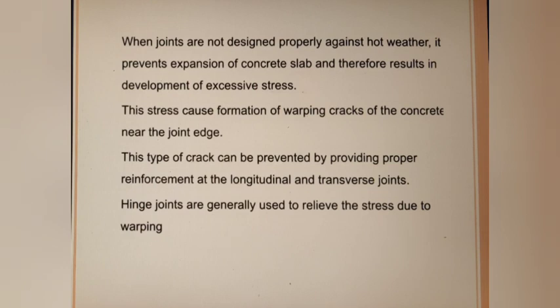So this stress is the main reason for the warping crack of the concrete near the joint. So this can be prevented by providing proper reinforcement at the longitudinal and transverse joint. And another remedial measure is the usage of hinge joint, which is used to relieve the stress due to warping.